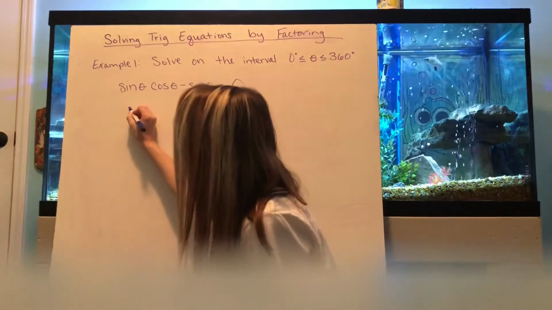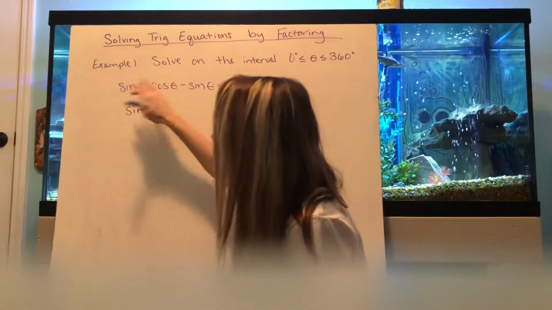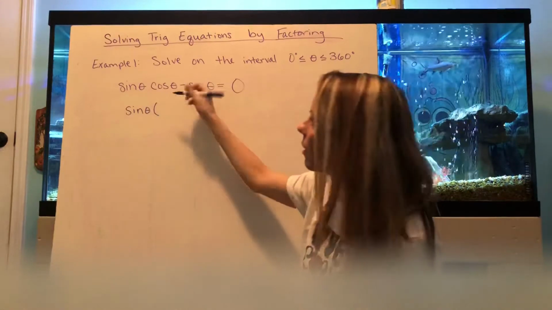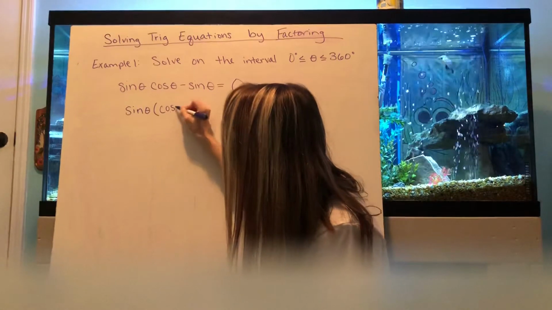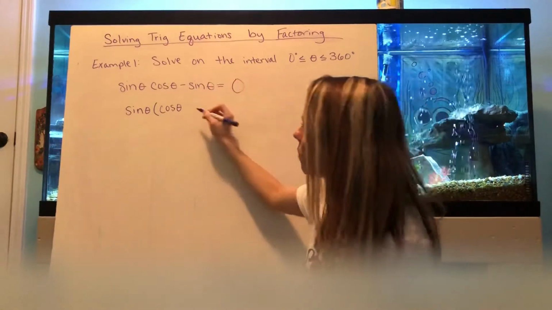So I'd have sine theta. If I divide this one by sine theta, what I would be left with is cosine theta. If I divide this one by sine theta, what I'd be left with is 1.